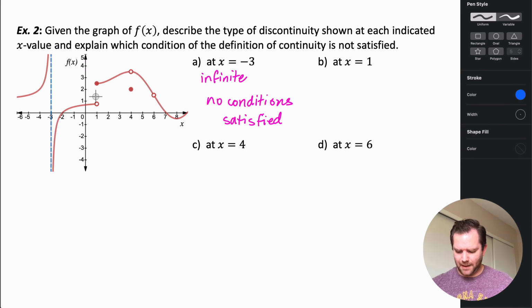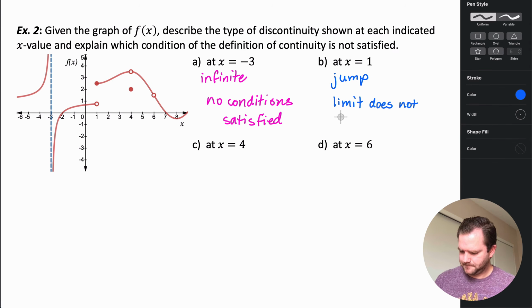You can see there's a gap in our graph, so this is going to be a jump discontinuity. Our function is defined, but the limit does not exist. So the second condition does not hold. The limit does not exist at x equals 1.